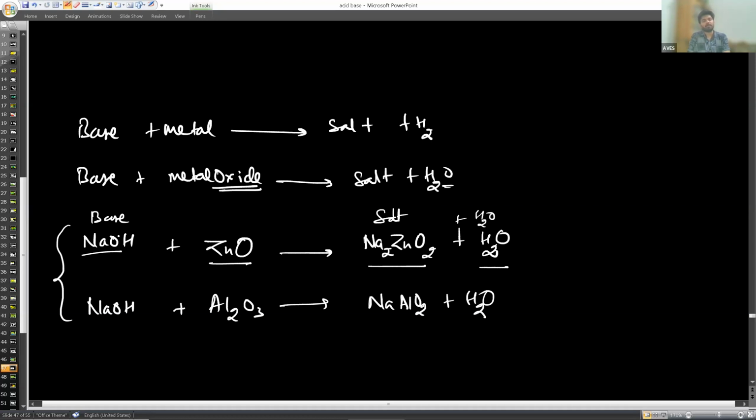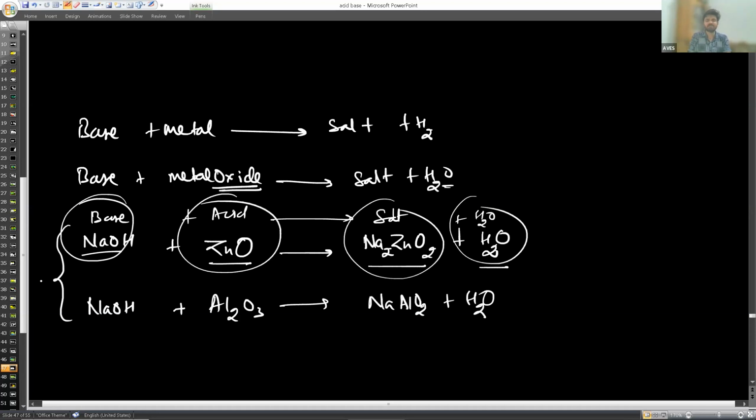You know that when a base reacts with an acid, it gives salt and water. It's a general reaction, the neutralization reaction. If you compare, it is a base, it is a salt, it is water, so the other reactant must be an acid.